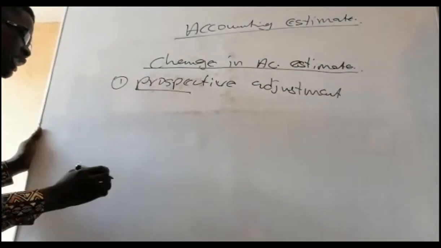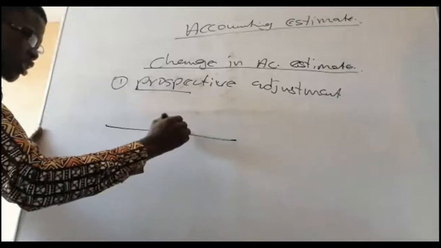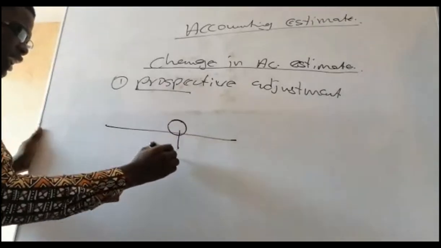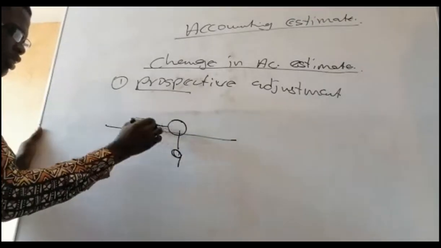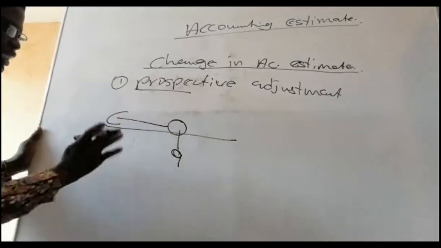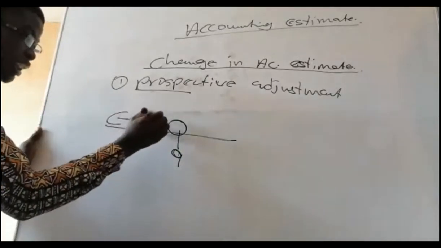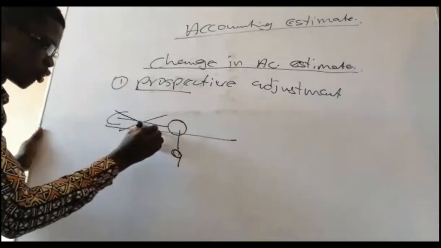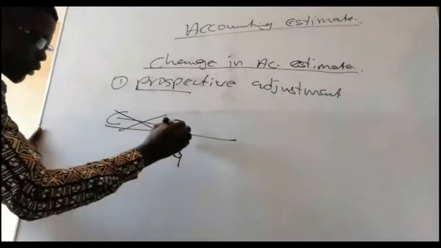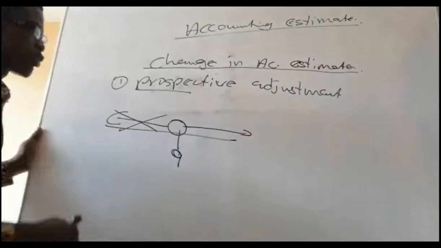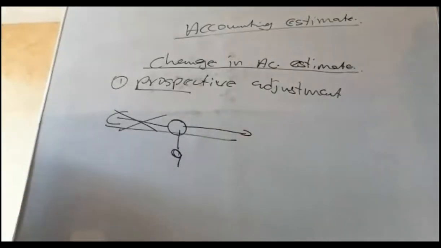For accounting policy, retrospective. So if you have 2009, the change will go back for accounting policy. For accounting estimate, no. Accounting estimates don't go back. You only go forward. So that's prospective all the way: the period of change and then the future periods.